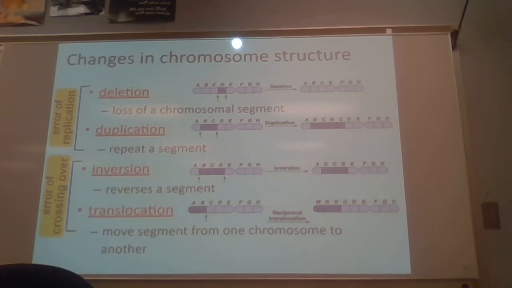Moving a segment from one chromosome to another, again, specifically from one chromosome to another chromosome that is not homologous. We're putting genes on a different chromosome. From a chromosome 2 to a chromosome 21, or from a chromosome 21 to a chromosome whatever number.